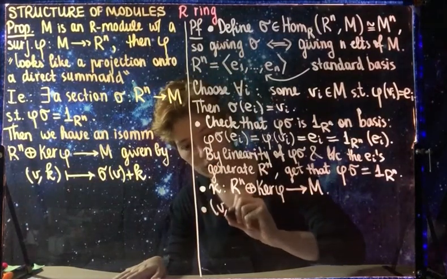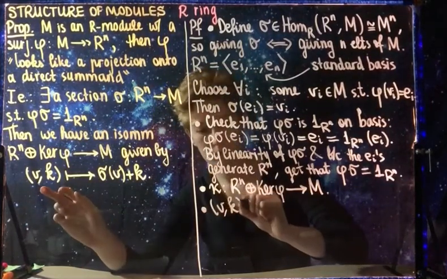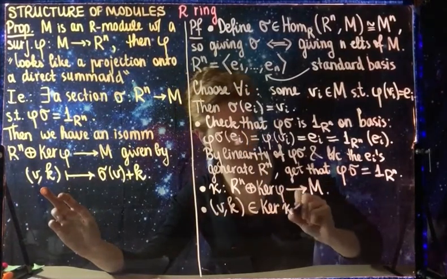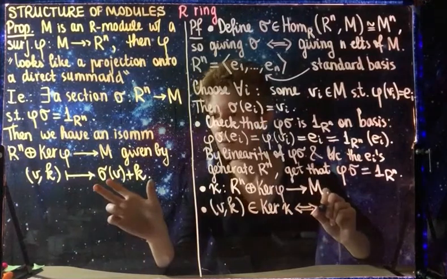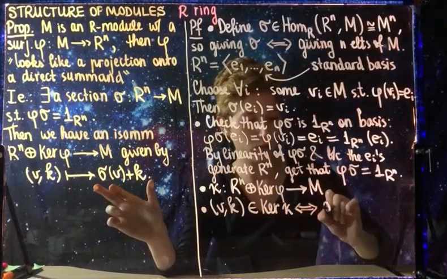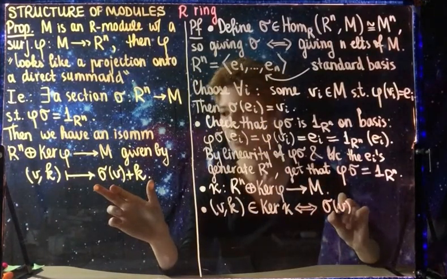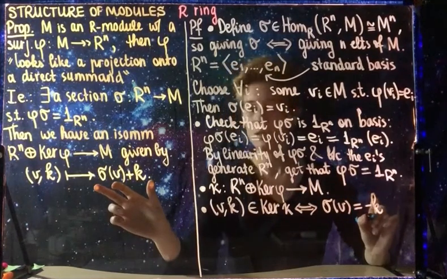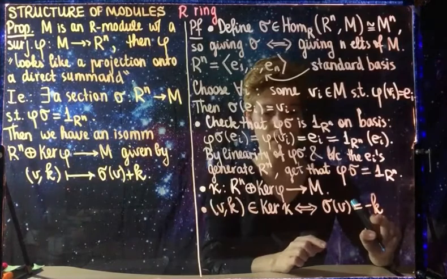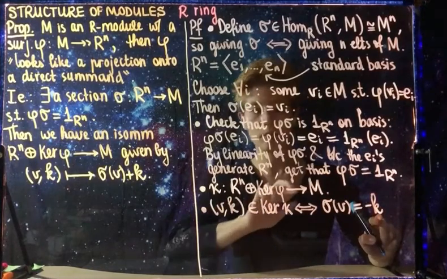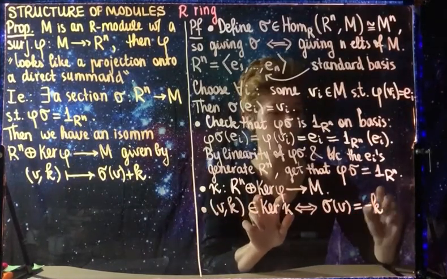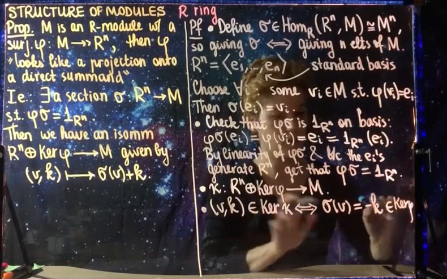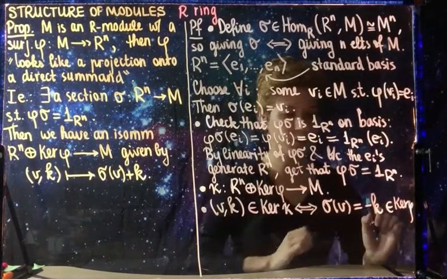So the pair (v, k) lies in the kernel of kappa if and only if this expression vanishes. So it means that sigma of v is equal to minus k. But k is an element of the kernel of phi, so sigma of v lies in the kernel of phi.